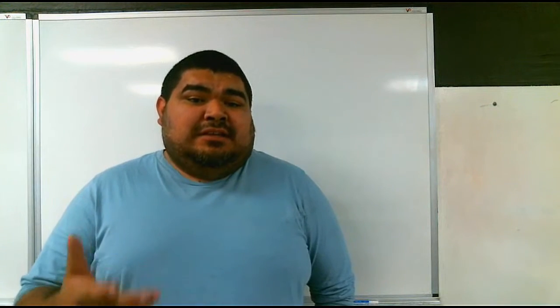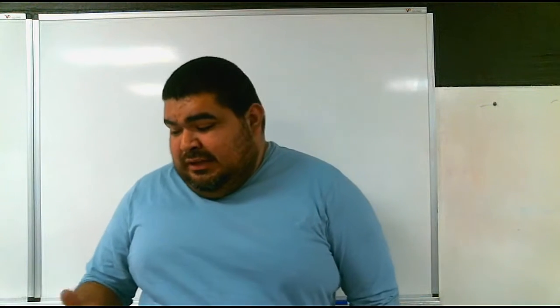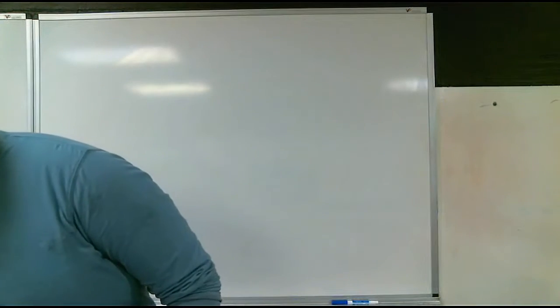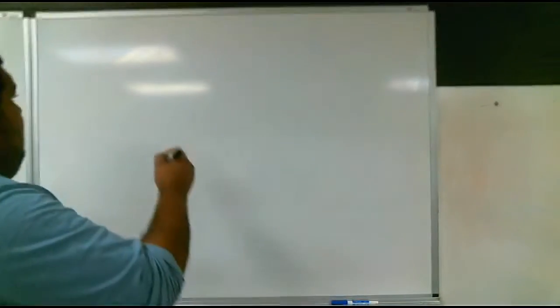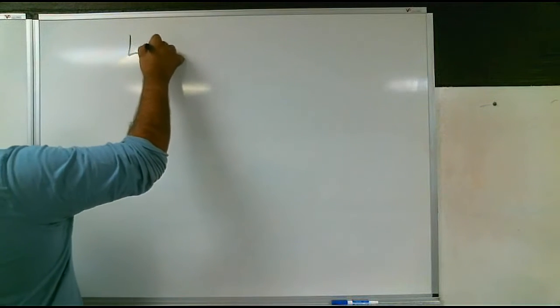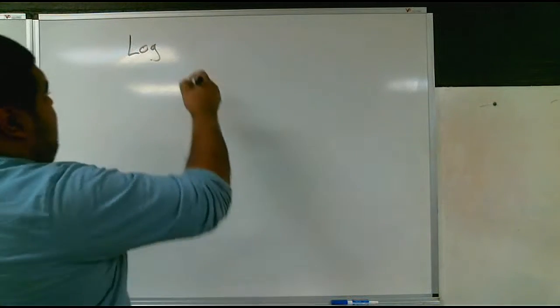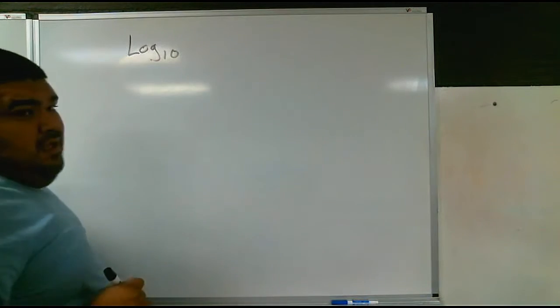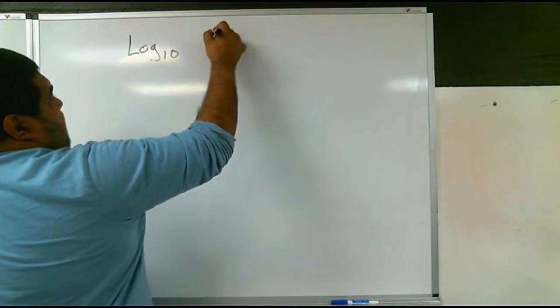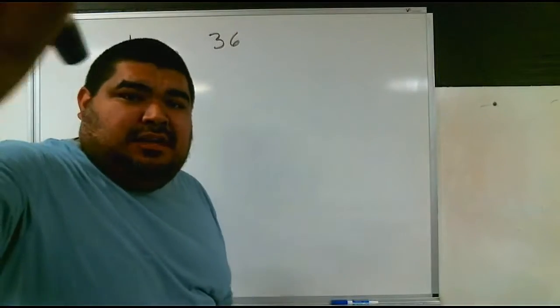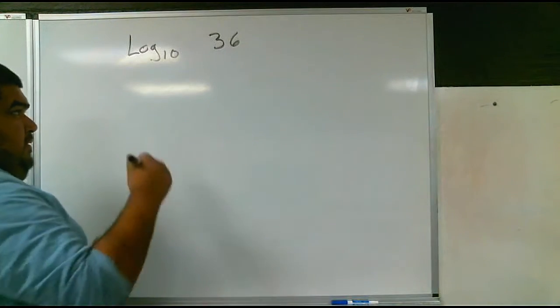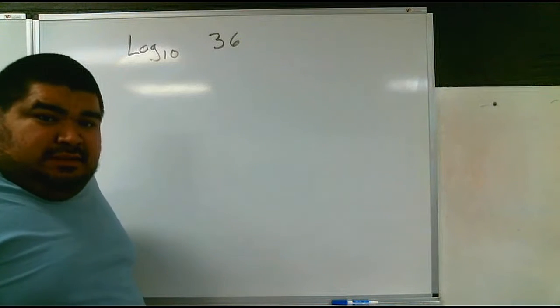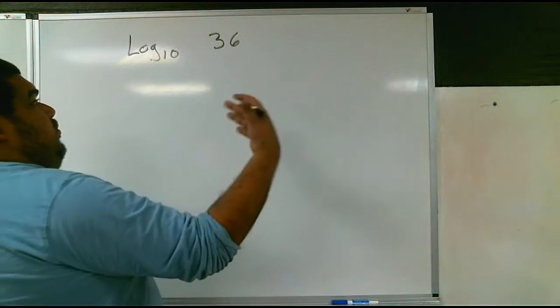The only difference, when it comes to logs, is when you're multiplying logs that are broken down. For example, if I have log base 10 of 36, okay, we're going to use our natural log. When you want to break this log down, two numbers that give us 36, in this case, will be 6 and 6.